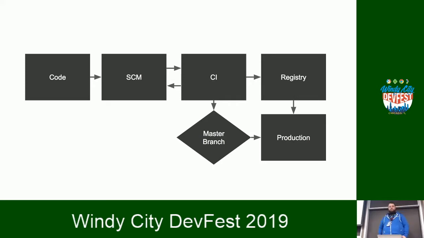You can do that. So that's how that communicates. And then it will test for some branch, whether it's master or staging or production, whatever you need it to be. And if that branch matches, it will move it to production. And the CI puts out the image to the registry, and the production will pull the registry image in and deploy that. Okay, so that's kind of how everything works.